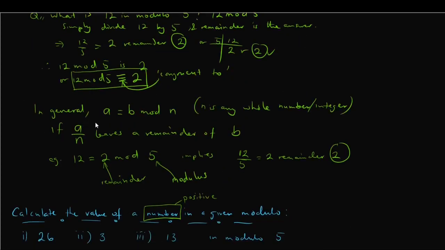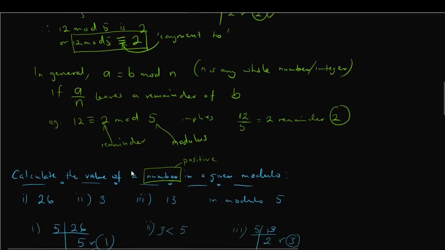So in general, we say that a certain number a is congruent to b mod n when the number divided by the modulus leaves a remainder of b. So in this case, we say that 12 is congruent to 2 in modulus 5. What we mean by that is when we divide 12 by modulus 5, we get a remainder of 2.